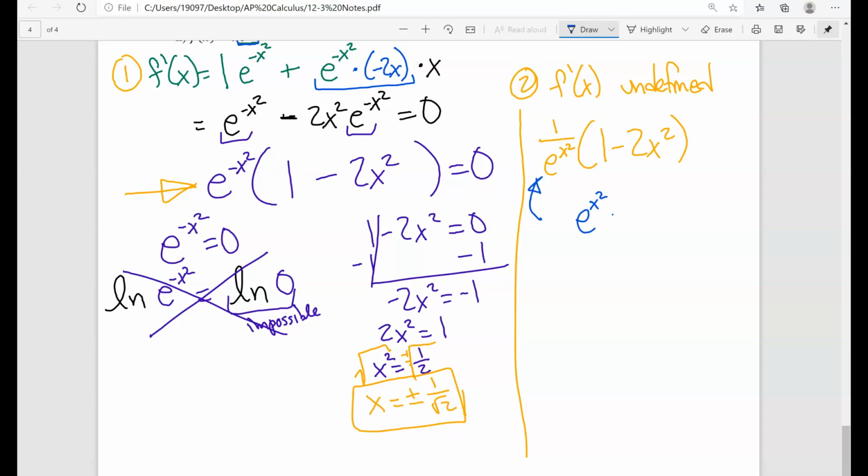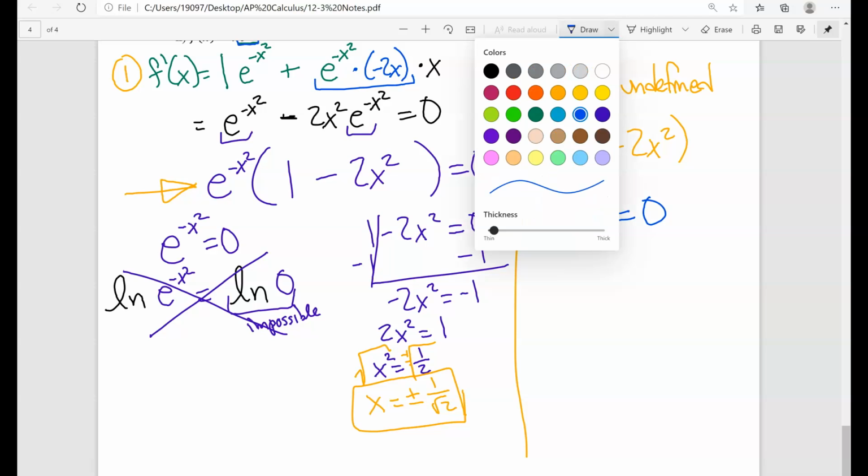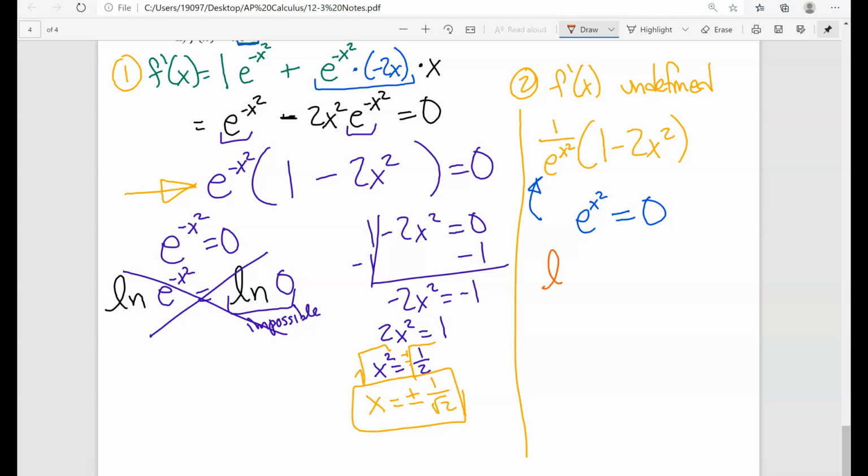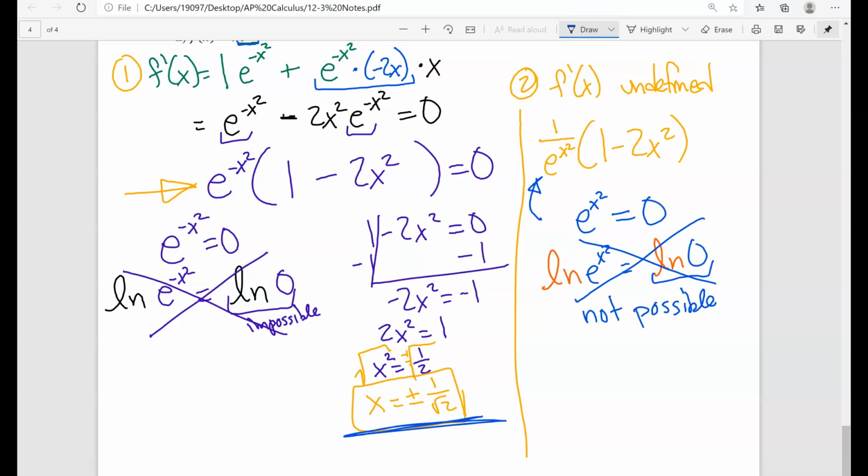So that e to the x squared cannot be equal to 0. So let's see what x values that gives me. But notice that when I apply a natural log to try to get rid of this guy, what's going to happen is that this guy still gives me a 0. So that means this is also not possible. So there's no points where this is undefined. So my only two critical points will just be those two.